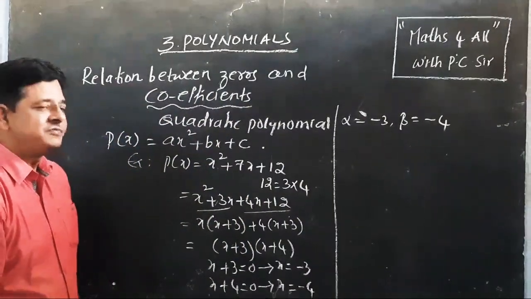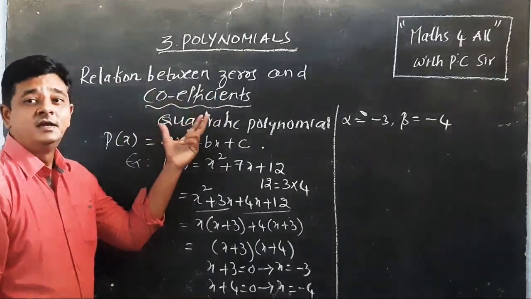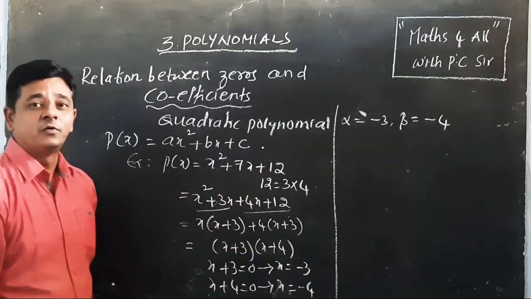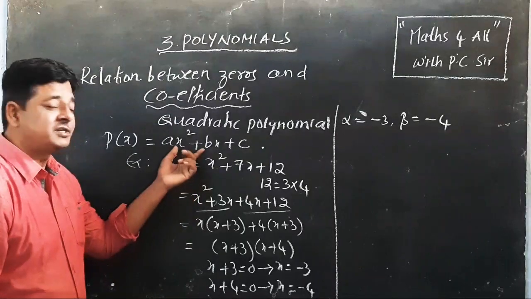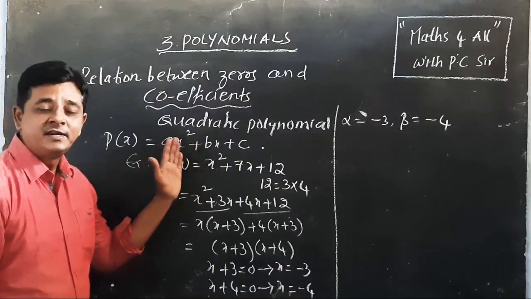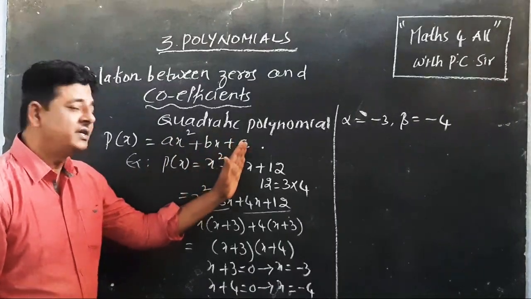Now just see the relation between zeros and coefficients. Zeros we got: alpha equal to minus 3, beta equal to minus 4. Then coefficients. In the standard form of a quadratic polynomial, the coefficient of x square is a, the coefficient of x is b, and the constant is c.